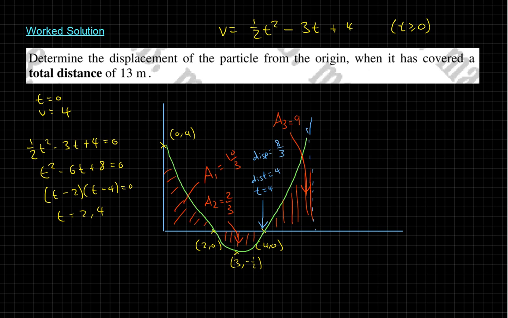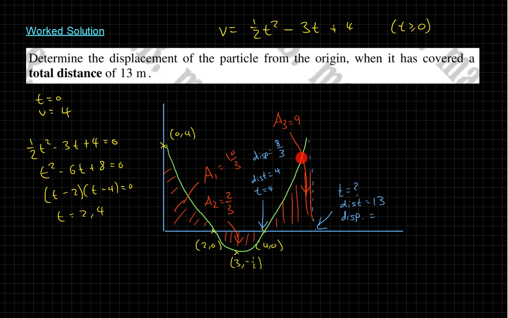So now what's going on at this point? Or I suppose really I should say at this specific time. Okay, so the time is, I don't know, and I don't particularly care. It doesn't really matter. We don't know what this time is, but we do know that the distance is 13 because I'm declaring that this area is 9. And what will the displacement be? Well, the displacement's going to be whatever it was here plus the additional displacement that it's travelled within this area.